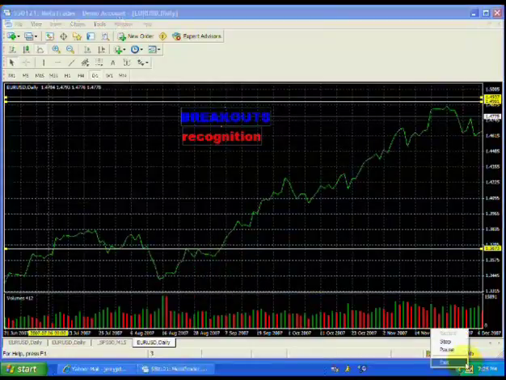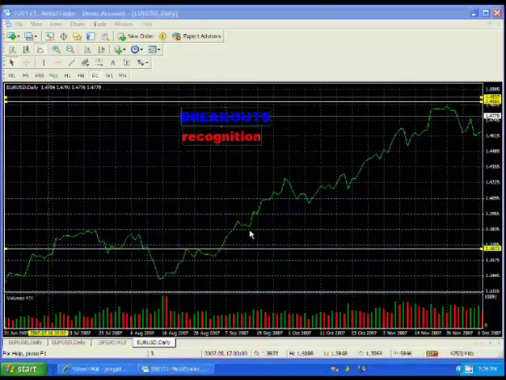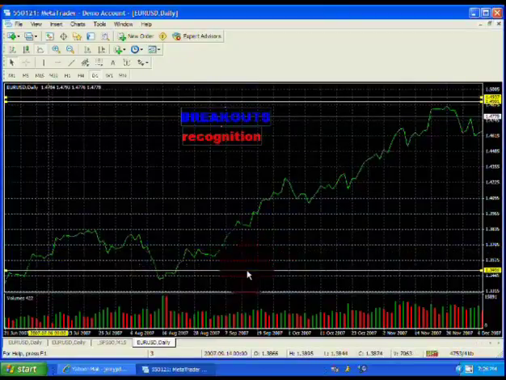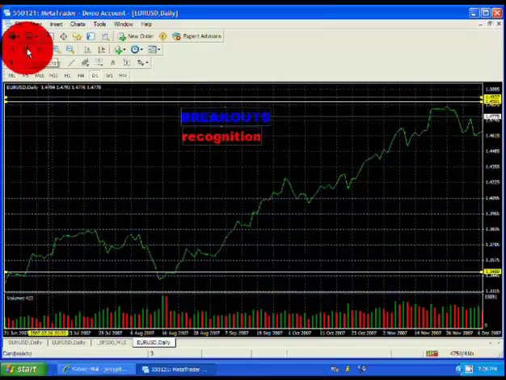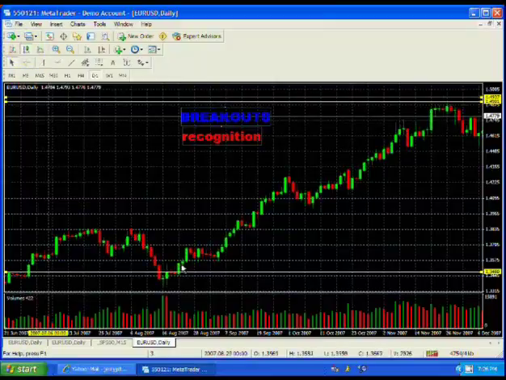So we want to go to our line chart to spot the breakout, and we want to switch to our candle or bar chart to actually trade the breakout. When we trade the breakout, we need to know where we want to enter, exit, and place our stops, and these areas are going to be based upon the candles.